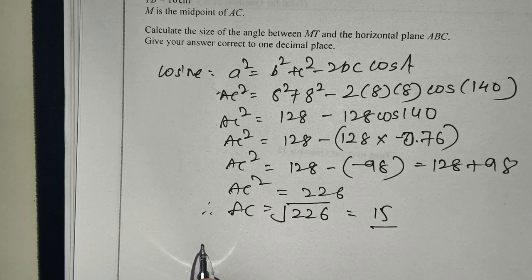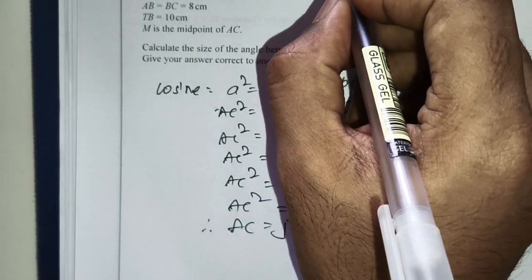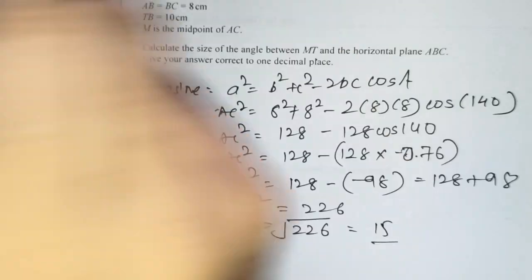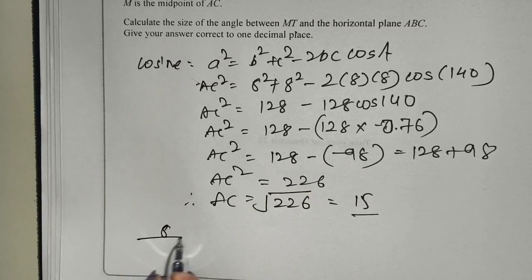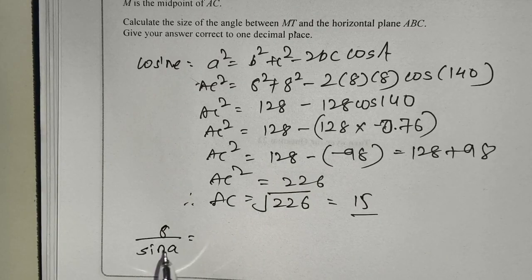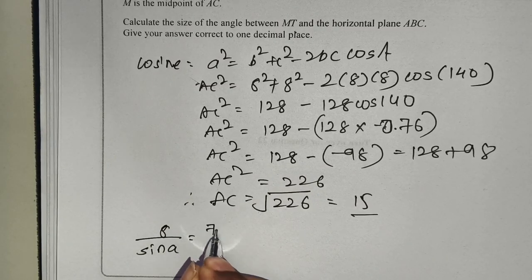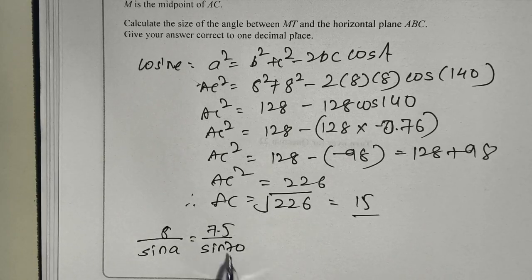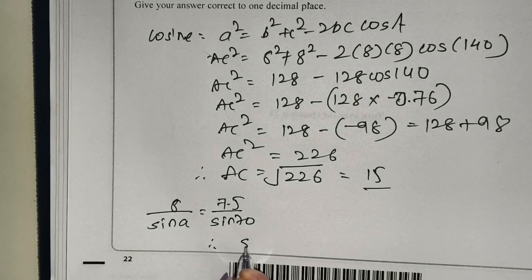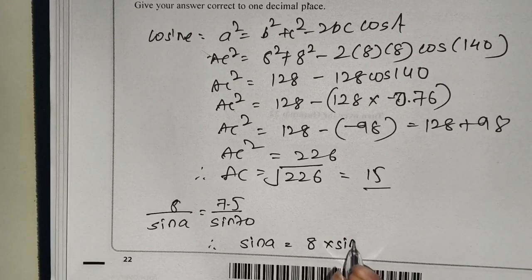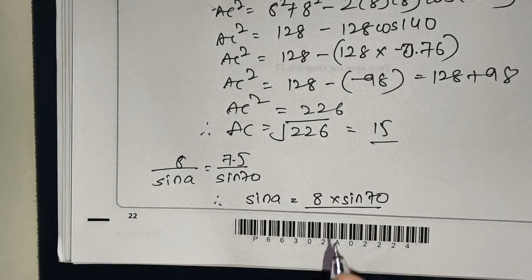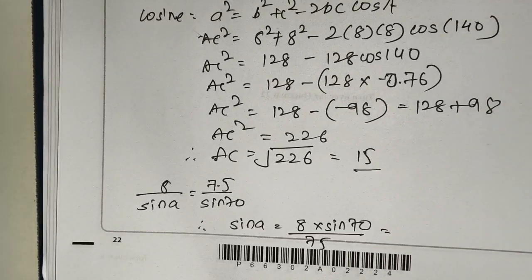So this angle is going to be 8 upon sine A is equal to 7.5 upon sine 70. Hence, sine A is going to be 8 into sine 70 upon 7.5. Let's find this angle.